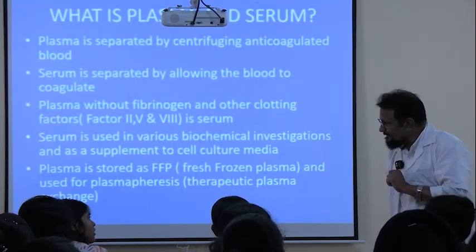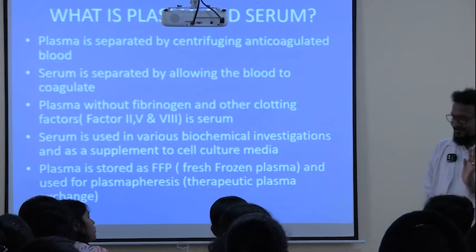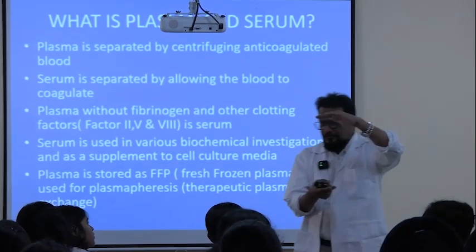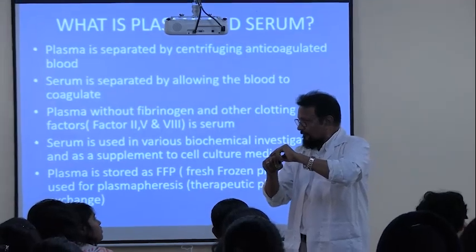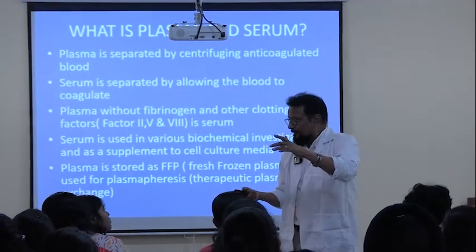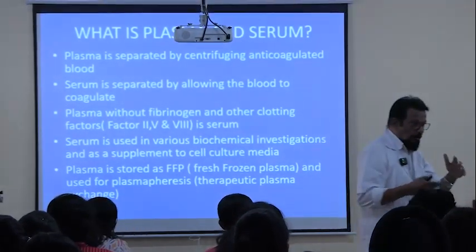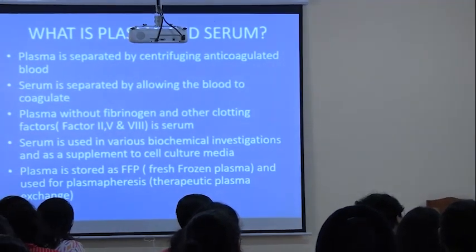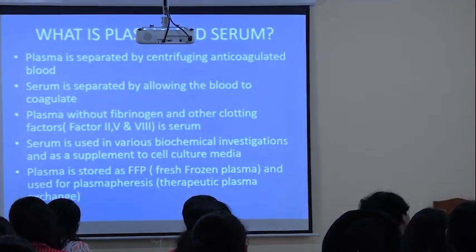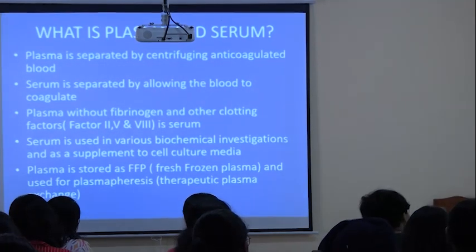But if you take out a certain amount of blood and do not add any anticoagulant, then what will happen to it? It will coagulate. A clot will be formed, into a semi-solid jelly-like structure.